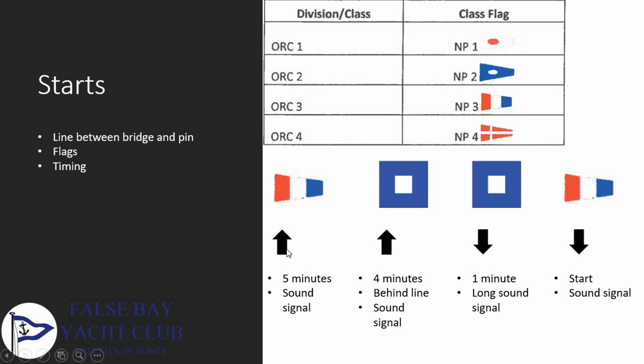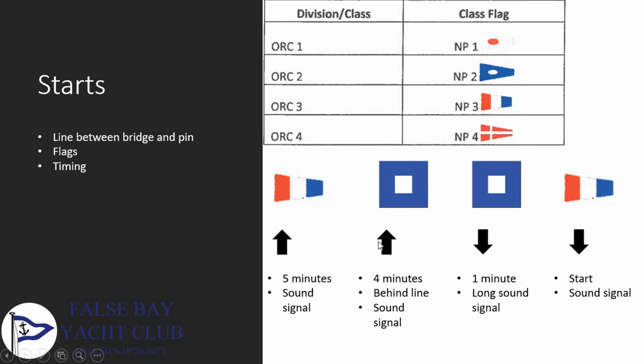If you want to be technical, the 5-minute time until the start starts as soon as this class flag hits the top of the mast. There will be a short sound signal as this flag is raised. And as I said before, as soon as the class flag goes up, it means 5 minutes until the start of that class.